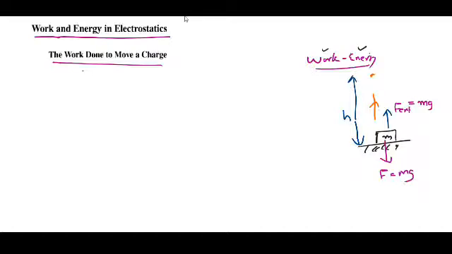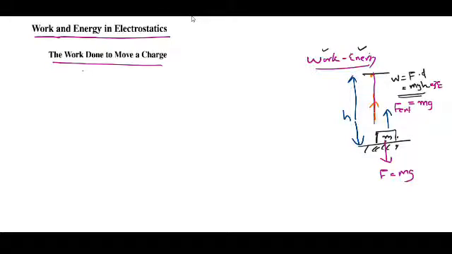That is, the work done to lift this body from the ground to this particular height h is equal to force into displacement, F dot d. The force and displacement are in the same direction, therefore this is mg and the height is h. We know that this work is stored as the potential energy in this body.